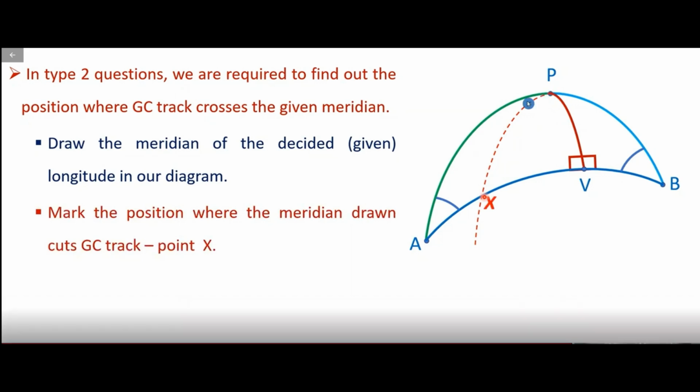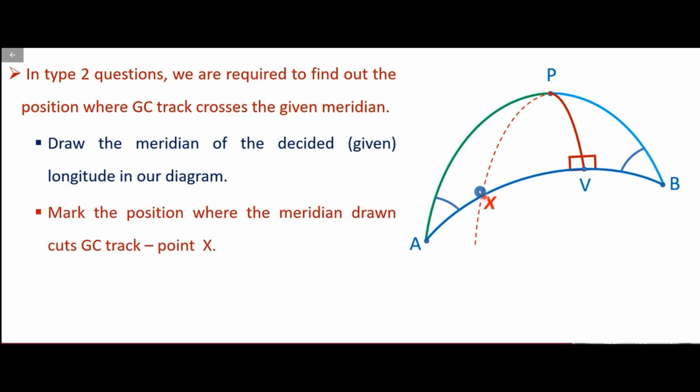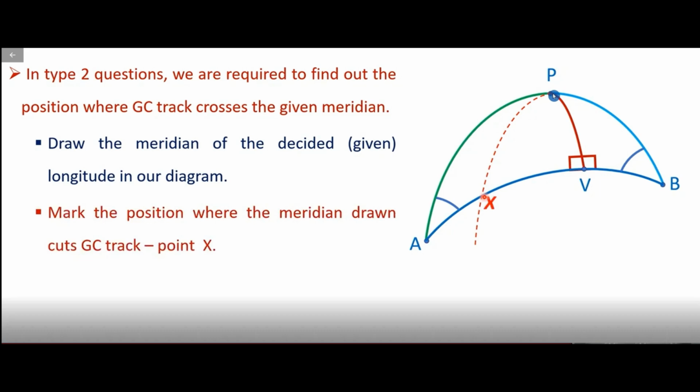We calculate side PX, Papa X-ray. Now once you get PX, we know PX is the colat of position X. 90 minus PX gives us the latitude of X.